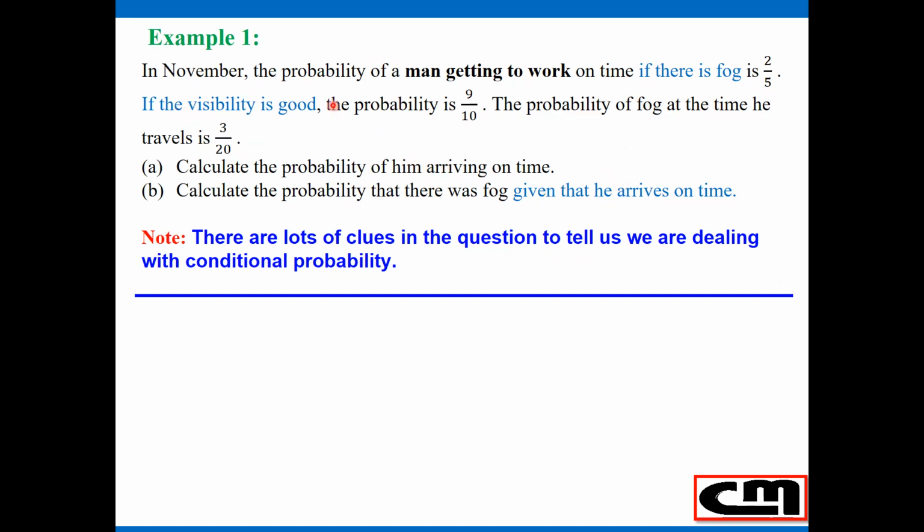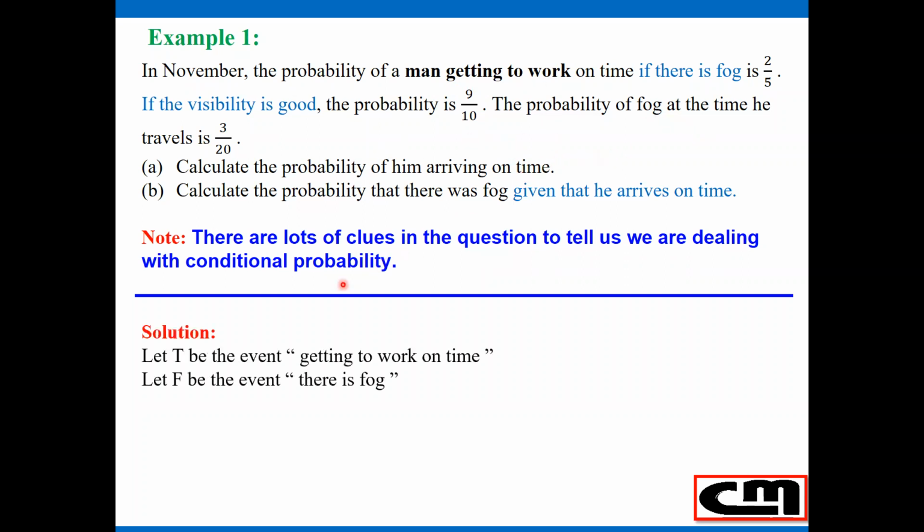Now, once you have identified that, the next step, which could be your second step, is to define the variables in the problem. Here we are talking of a man getting to work. We talk of fog. So those are the major variables that I'm supposed to define. So we let T be the event getting to work on time.